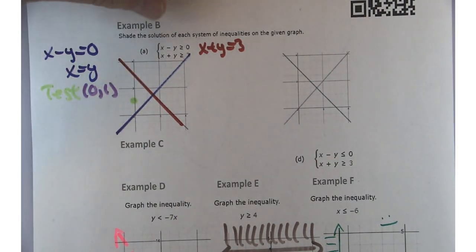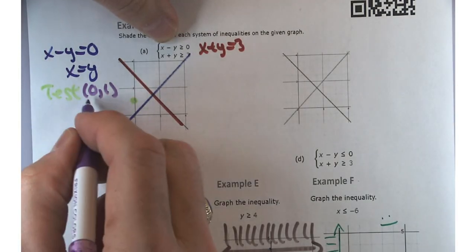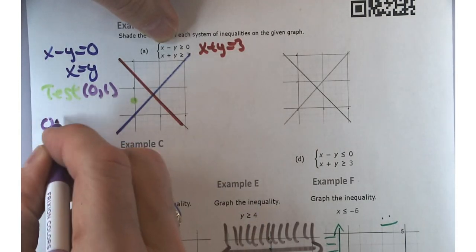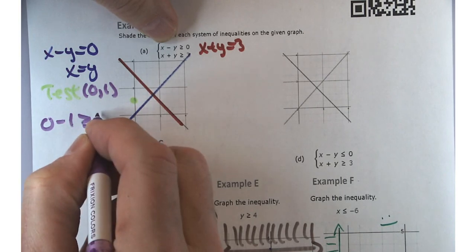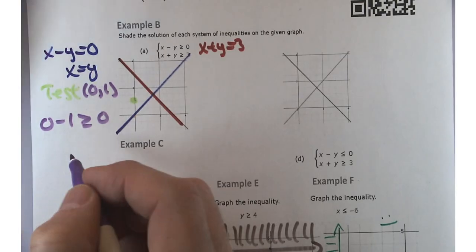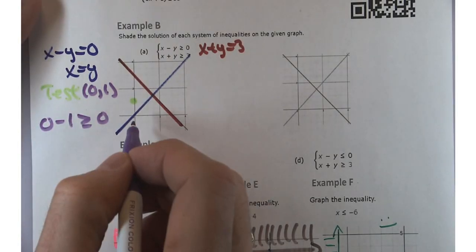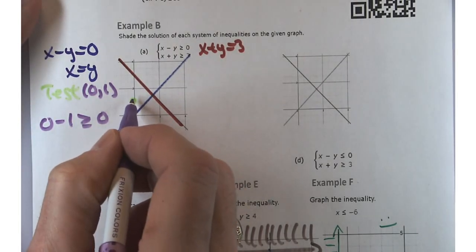Now we're going to test that in this inequality. So you put in the x, 0 minus 1, is that greater than or equal to 0? Is that true or false? That's false. So what we're going to do is shade the appropriate side. Now what side is the appropriate side?